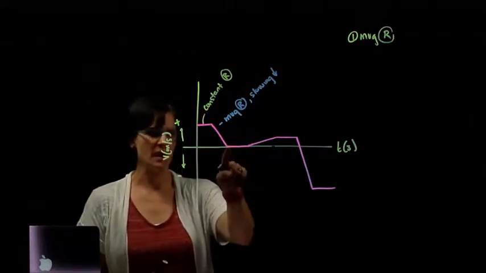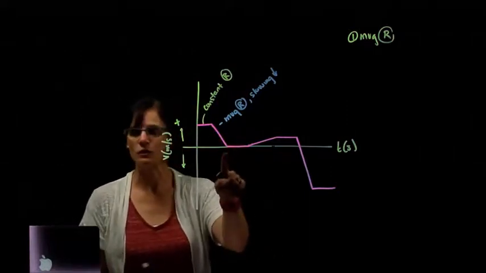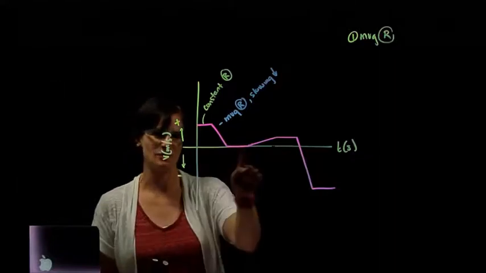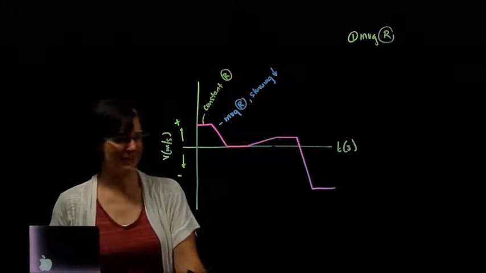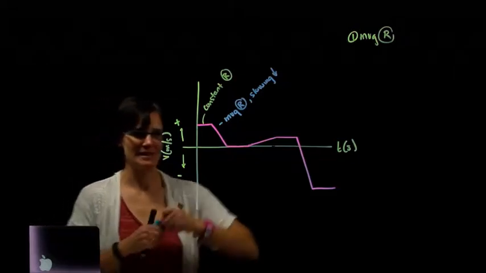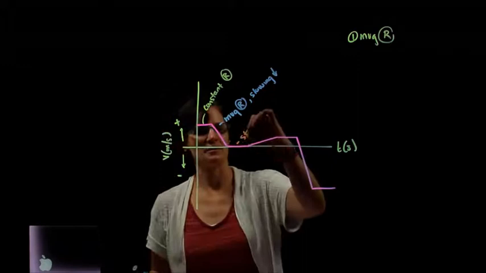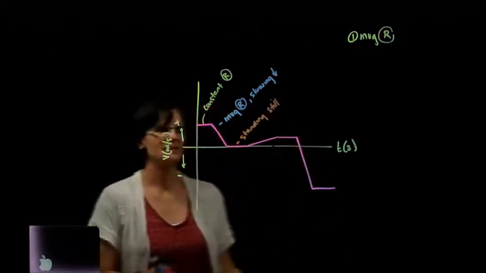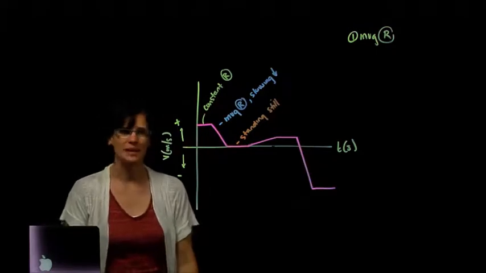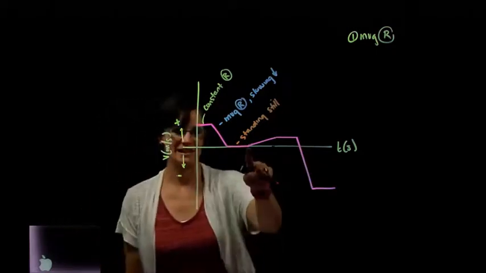Perfect. Well, what does it do here? At this point, the object is at 0 velocity, and it's staying at 0 velocity as time goes on. If it's not having any velocity value, we can say the object is standing still. Then what does it start to do?